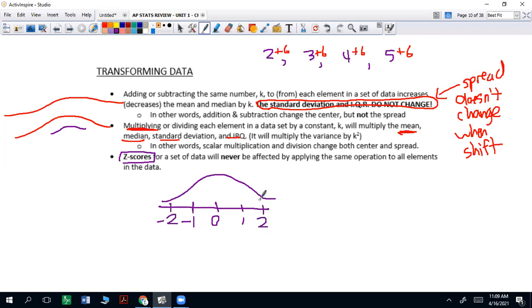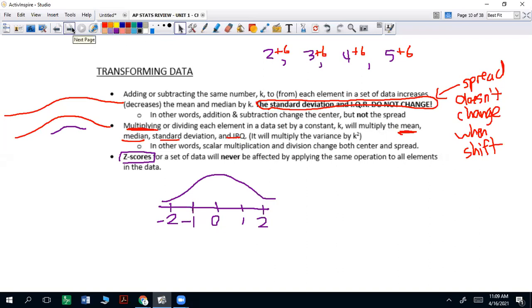So remember, a z-score of 1 is 1 standard deviation above the mean. A z-score of -2 is 2 standard deviations below the mean. Relative to wherever the mean was, it's still going to be the same value, okay? So that's the real quick thing on transforming data.